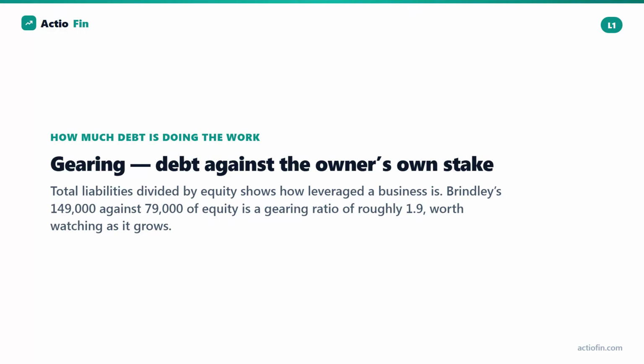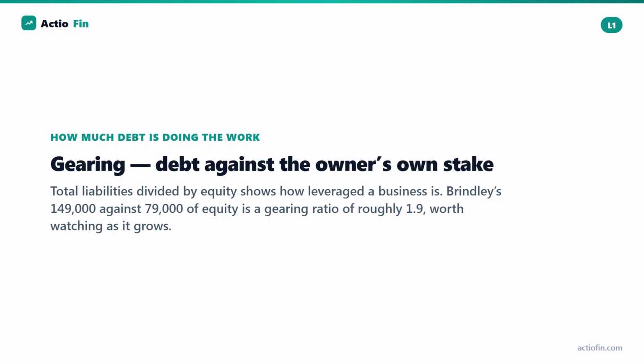That is manageable for a growing manufacturer with a mortgage-like loan on its workshop premises. But it is a number worth watching as the business borrows further. Because rising gearing without rising equity behind it slowly shifts risk away from the owner and onto lenders and suppliers instead.